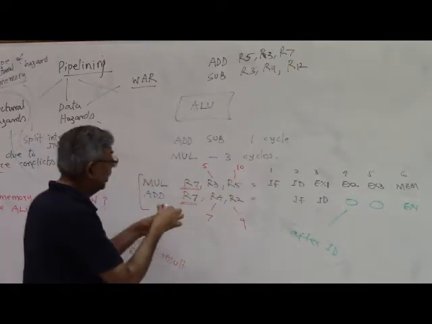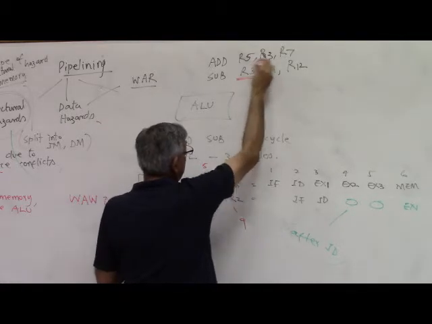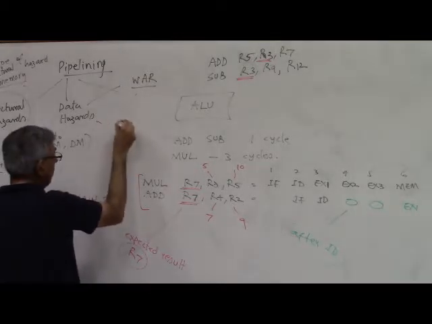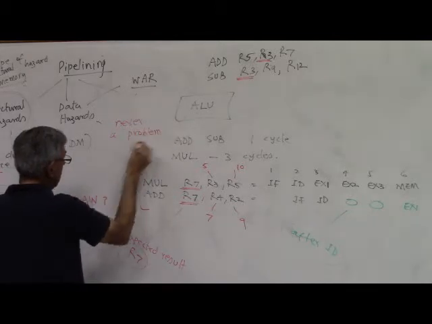If you take a look over here, we are writing to R3 after reading from R3. Does reading change the data in a register? No. So this will never be a problem.